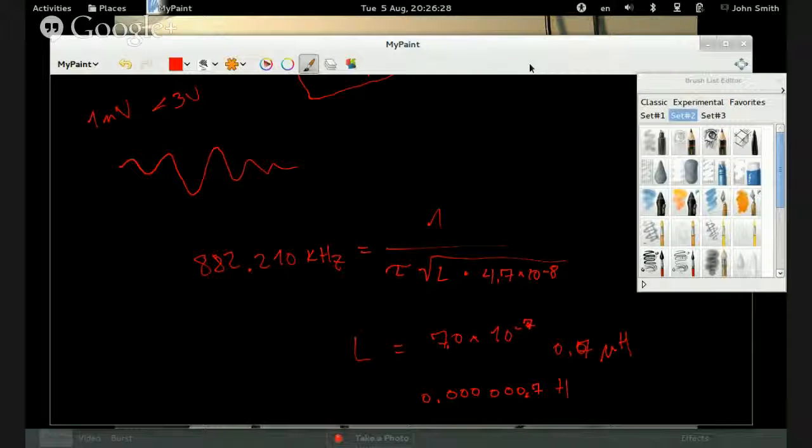So that'd be F equals 1 over 2 pi and then 1000. Ah, these measurement systems are awful. Microhenries.